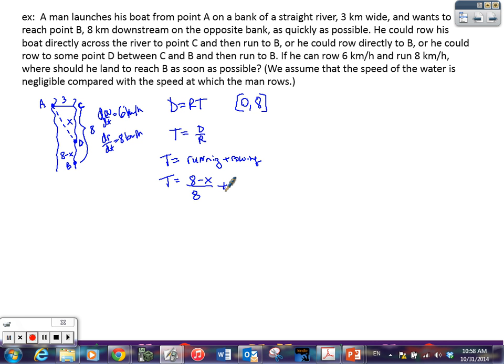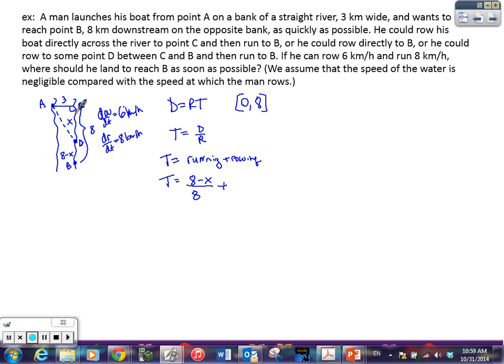Okay, let's look at the rowing fraction. Again, the top of our fraction is distance. So we need something to represent this distance right here. We have this is x, and that's 3. Ideas on what we could use to represent it? Yeah, our friend the Pythagorean theorem, right? We can use the Pythagorean theorem here.